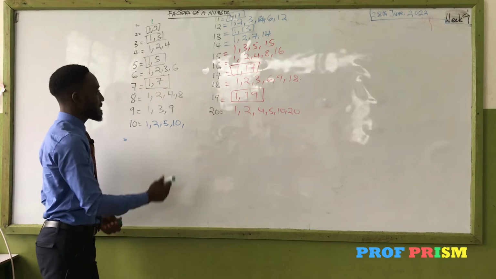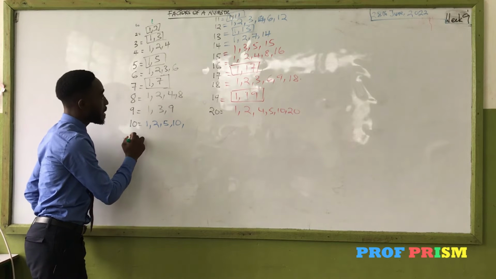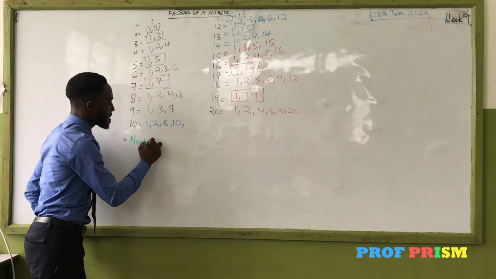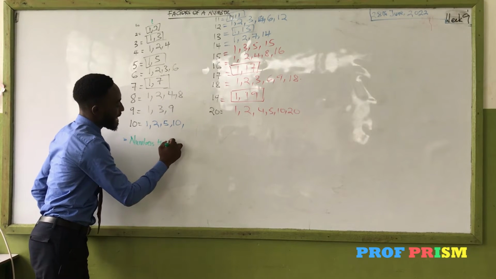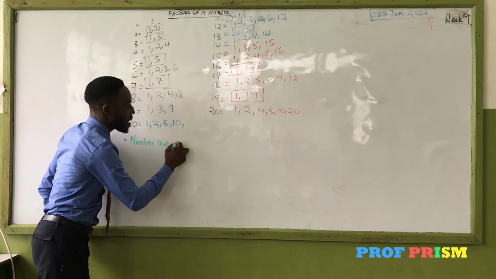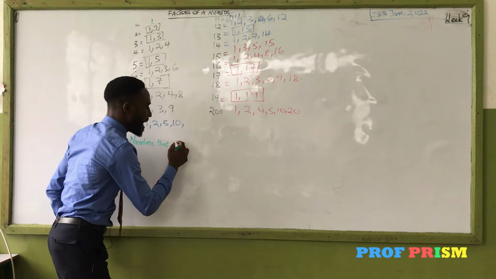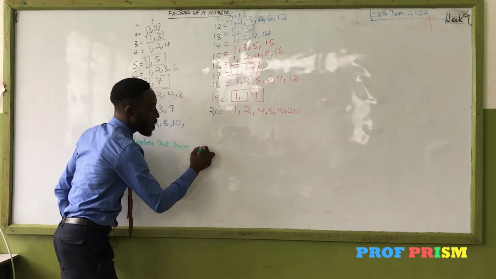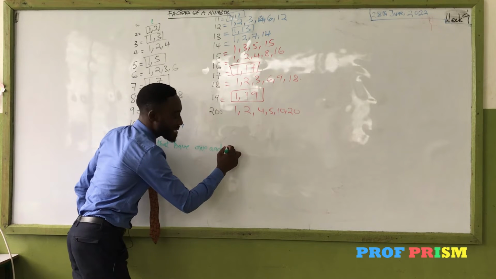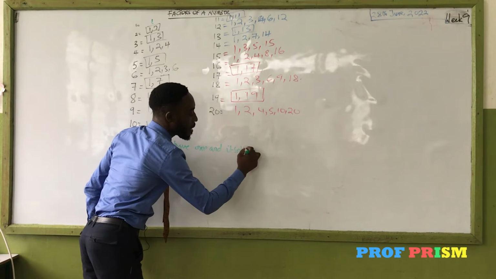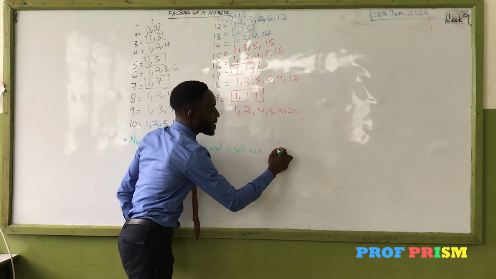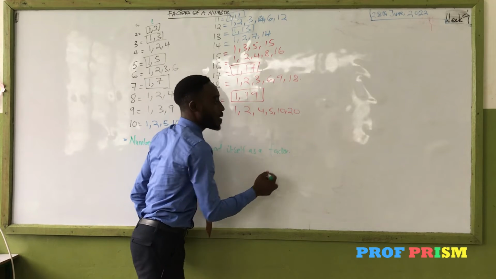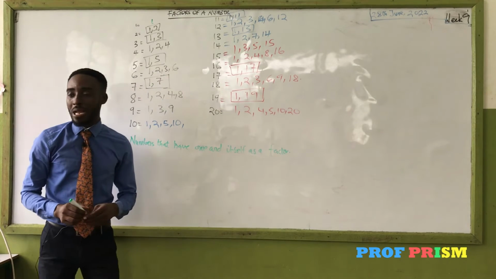Okay, numbers that are multiplied by 1 and itself, or we can say numbers that have 1 and itself as a factor.